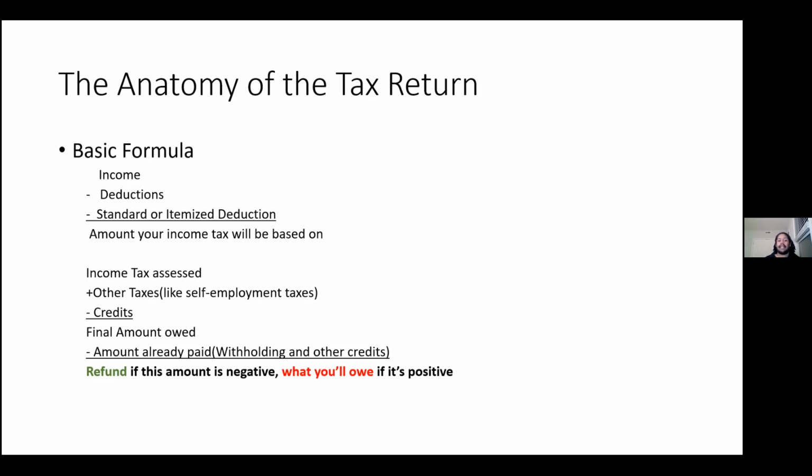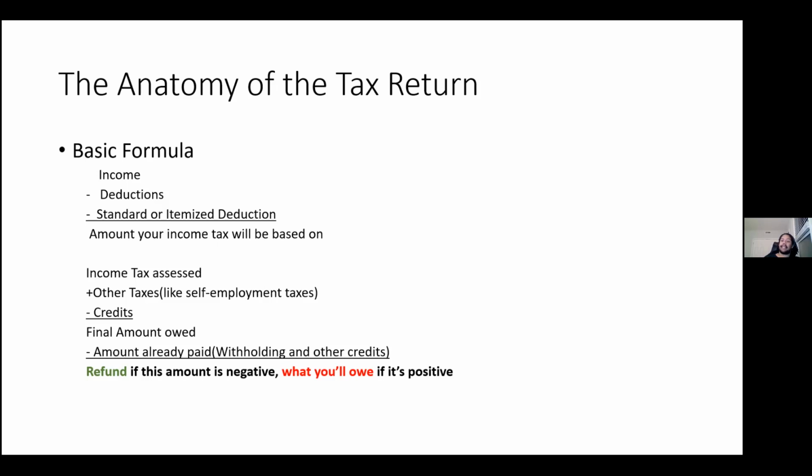But I have here that the basic formula is your income minus deductions, including the standard deduction, and that will be your taxable income, the bottom line number that the IRS will assess you on, and then give you how much tax you owe on that number. Then we add other taxes, like self-employment tax, which I'll get into a little bit later, because on your tax return we're not just going after income tax.